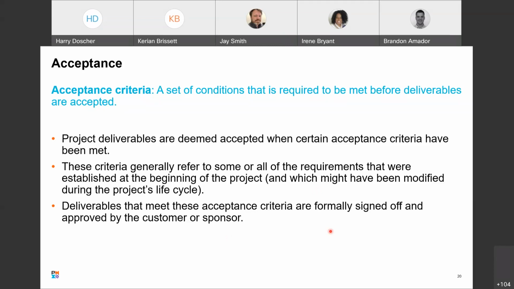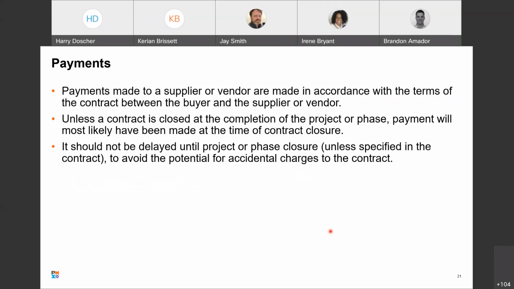Okay, payments. Make sure payments are made to a supplier or vendor in accordance with the terms of the contract between the buyer and the supplier or vendor. It could be net so many number of days.